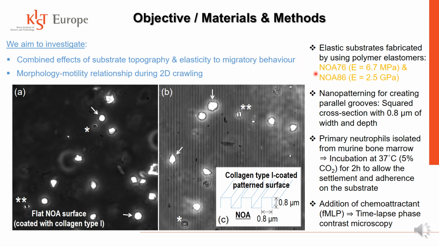We utilize elastic substrates fabricated using polymer elastomers with nanopatterning for creating parallel grooves on them. And we use primary neutrophils isolated from murine bone marrow, incubated for 2 hours to allow settlement and adherence on the substrate. Then we add chemoattractant FMLP and perform time-lapse phase contrast microscopy.